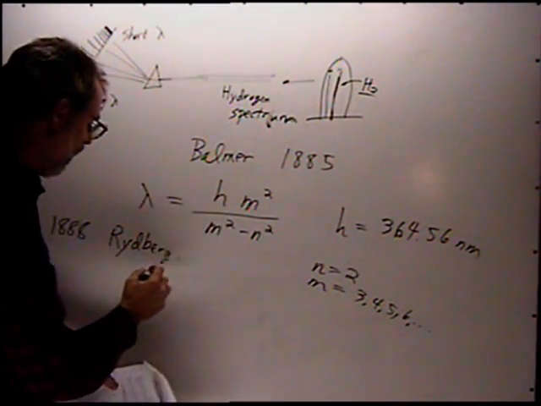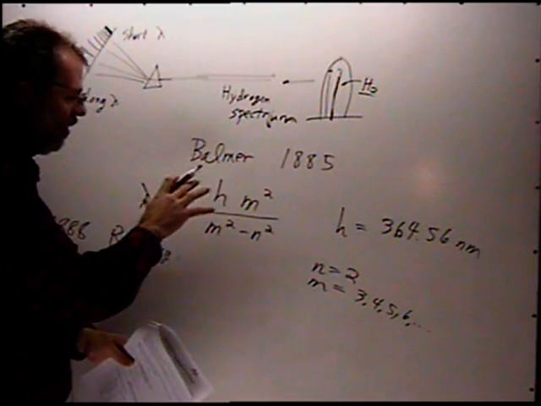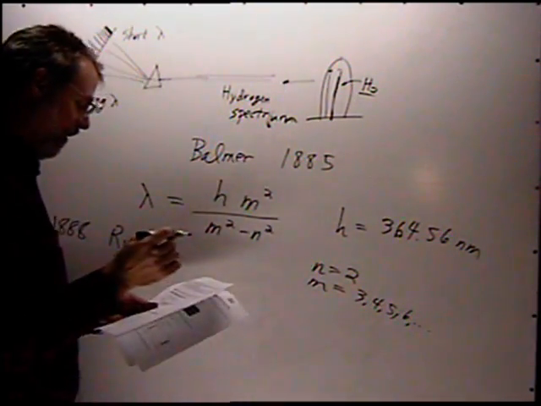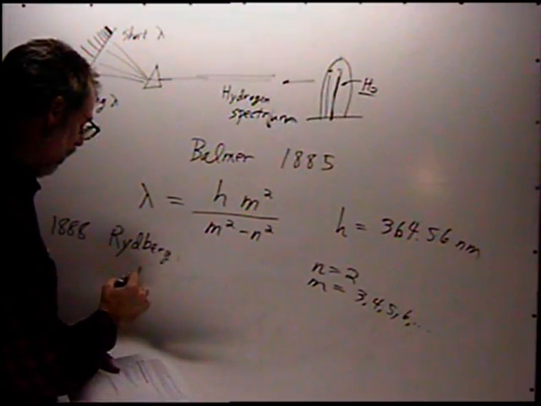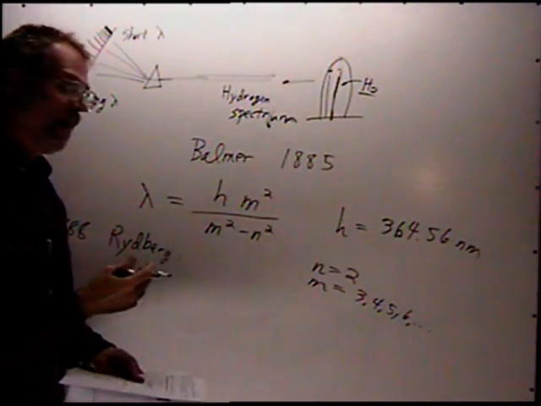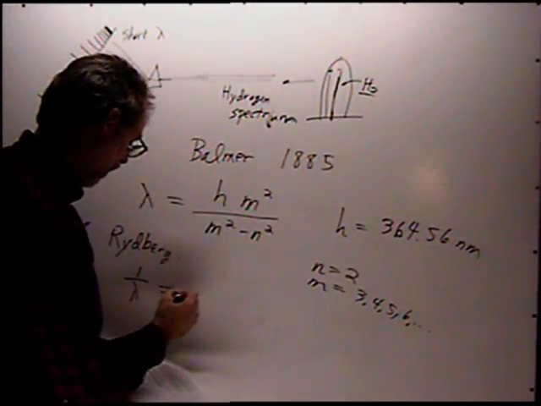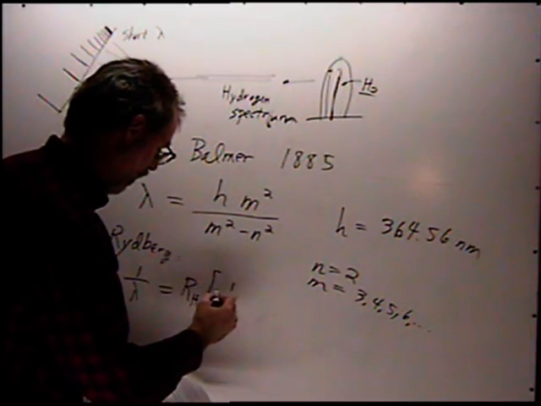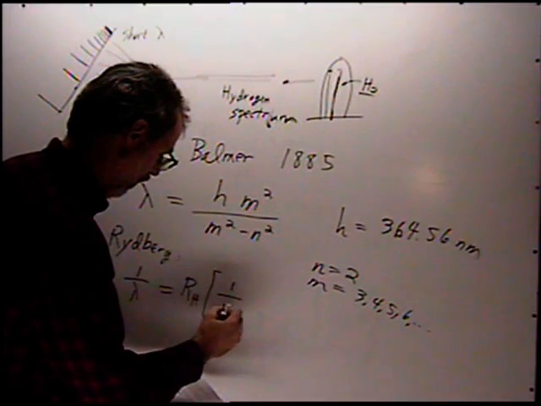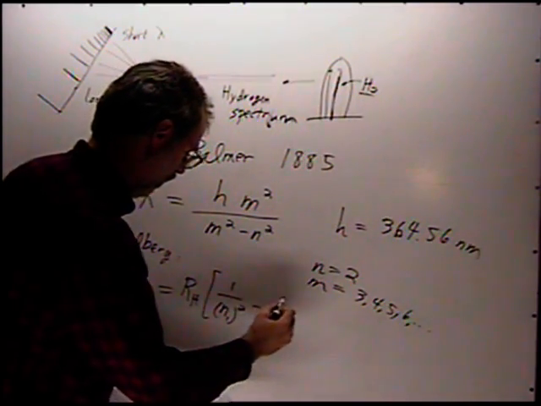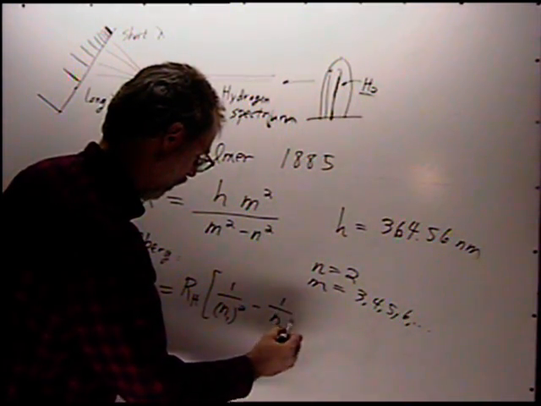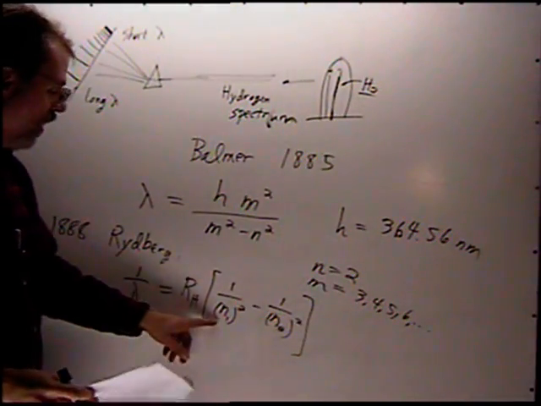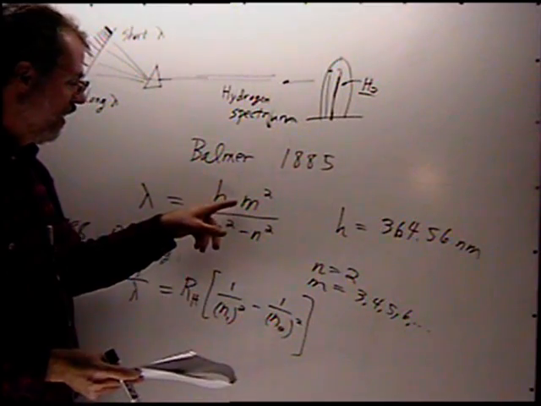He reworked the Balmer equation just a little bit, and came up with something that is essentially the same thing but in a different form: 1 over lambda equals a constant times 1 over n1 squared minus 1 over n2 squared, where n1 and n2 now replace m and n.